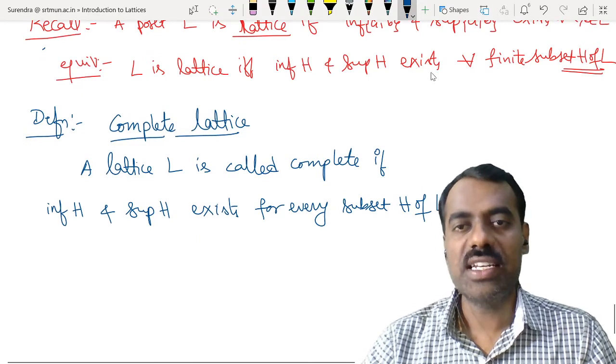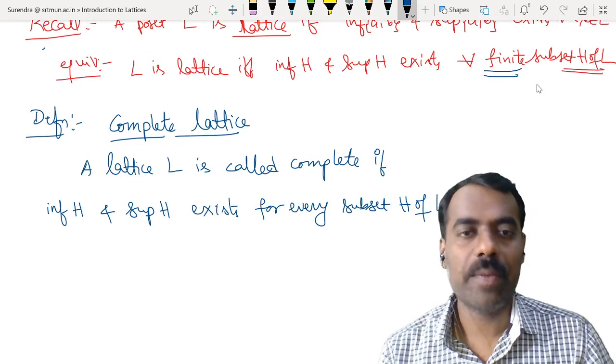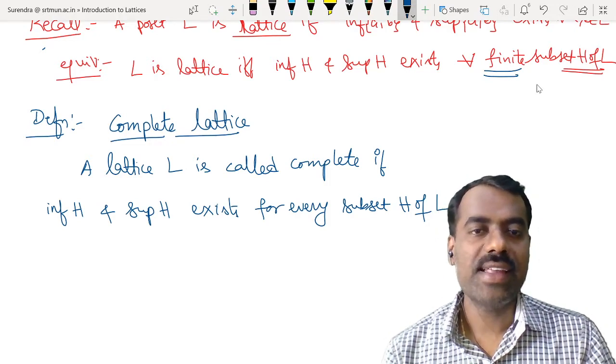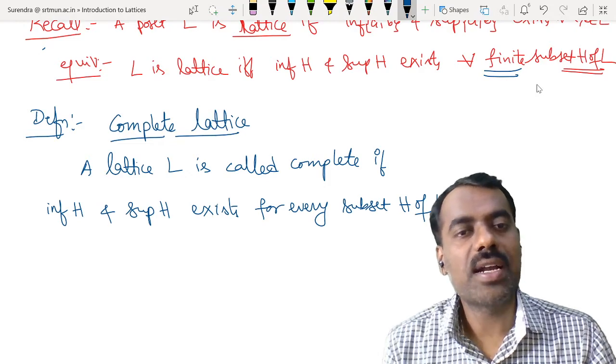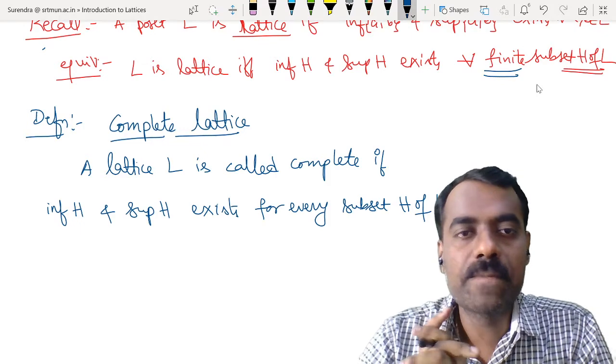The above definition only requires finite subsets. If it is true for any subset, then that lattice becomes a complete lattice. Is the definition clear?